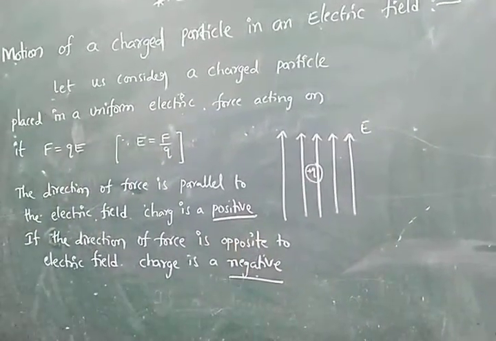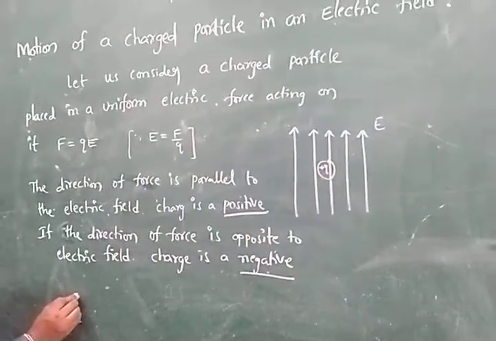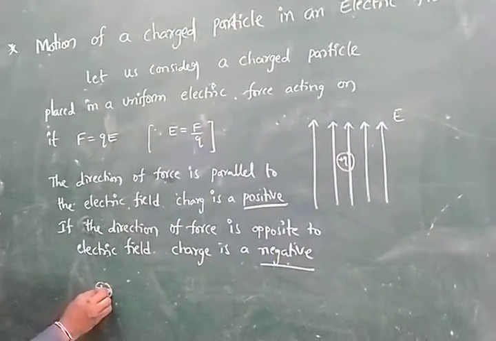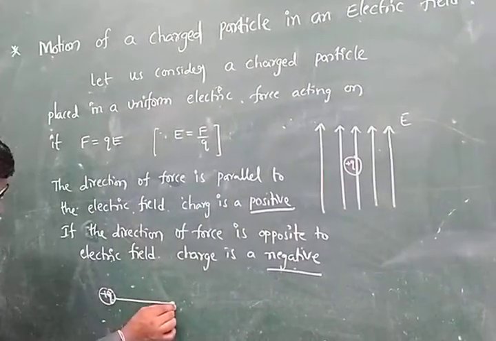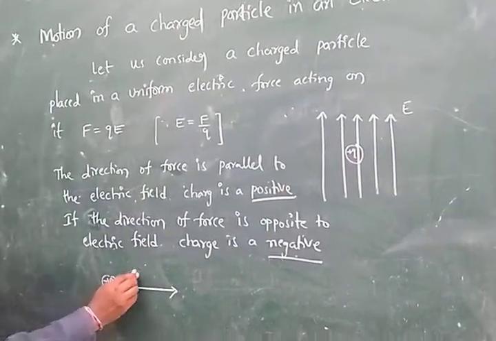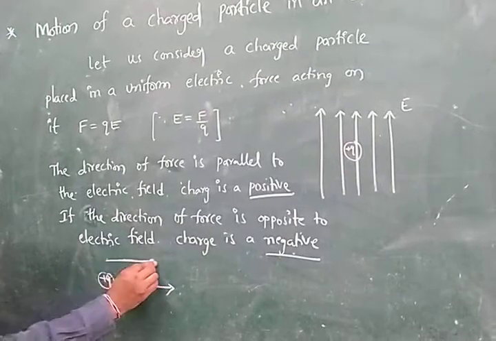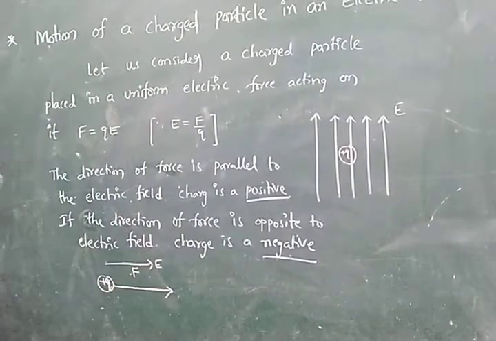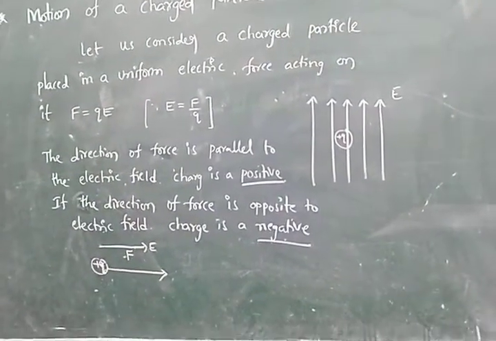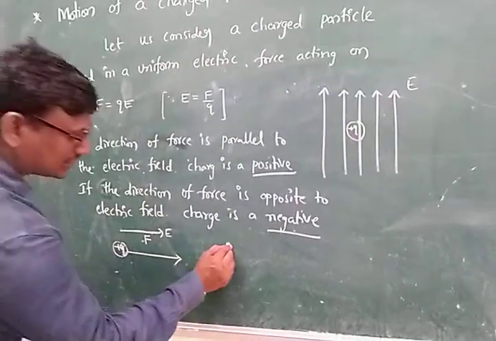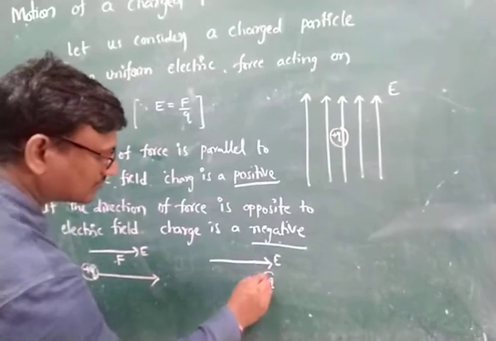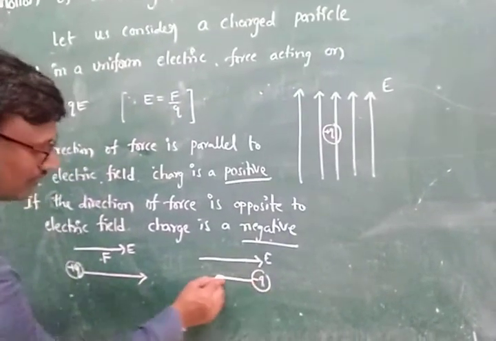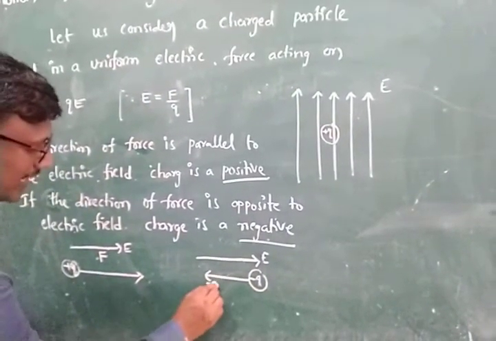Here the charge is positive. See, this is the diagram. This is the positive charge. Now the force is acting in this direction, and the electric field is also acting in the same direction. But if you have a negative charge, the force is acting in the opposite direction.